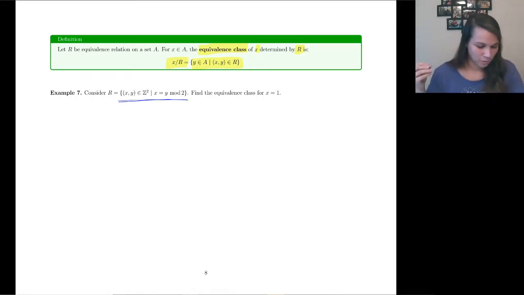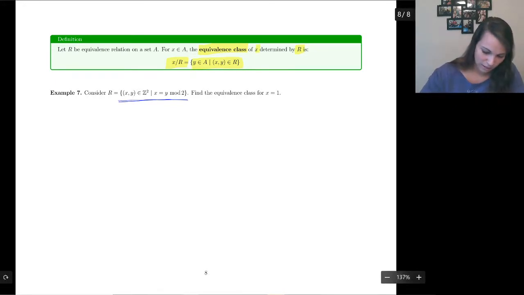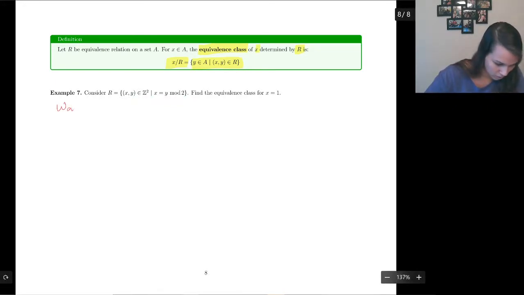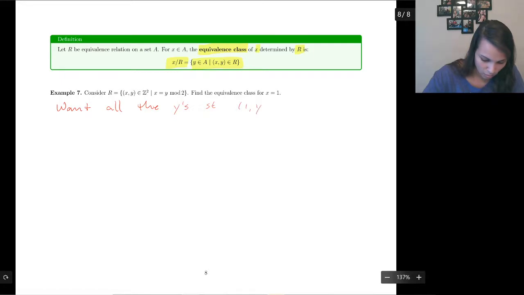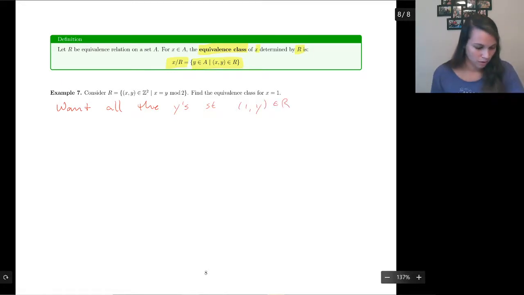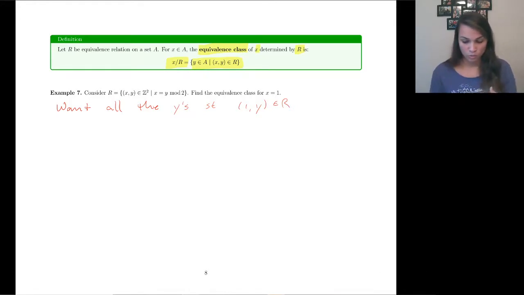So let's set a goal. We want all the y's such that 1, y is in R. All right, so what do we start with? I kind of gave away the punchline, but we want to discover what kind of y's these are going to be.